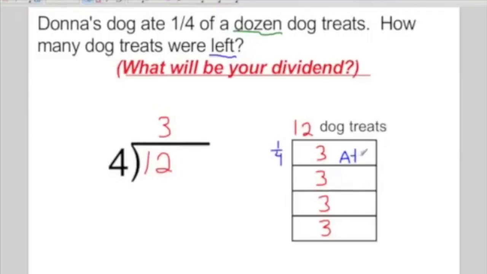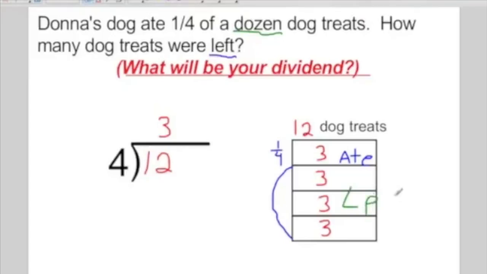Go back and take a look at your reading here real quick. They want to know how many were left. And the big mistake kids make on these usually isn't in the math portion. It's in the reading portion. They don't want to know how many she ate. They want to know how many were left.